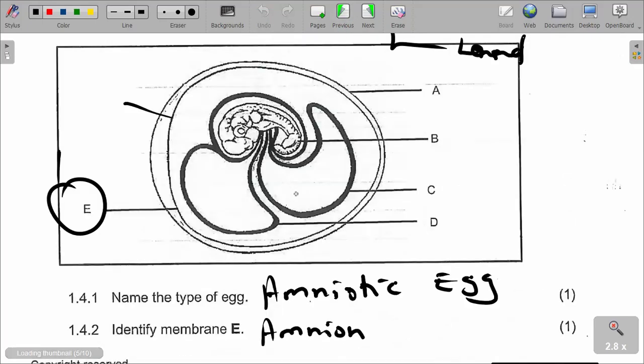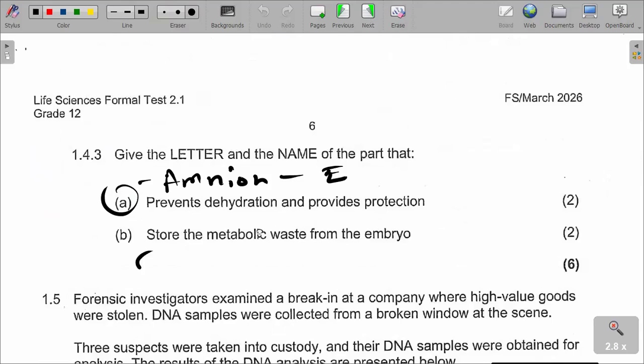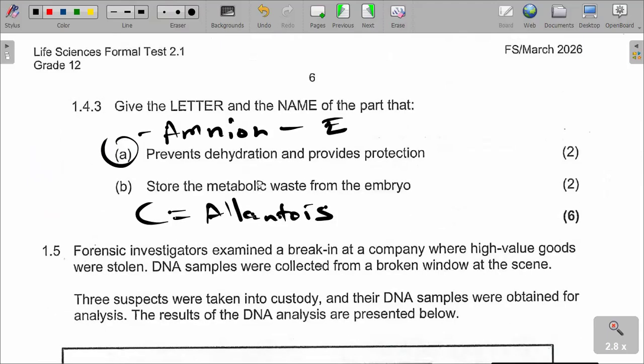So we can say that is C. We are saying allantois, the allantois, it is actually working for that purpose.